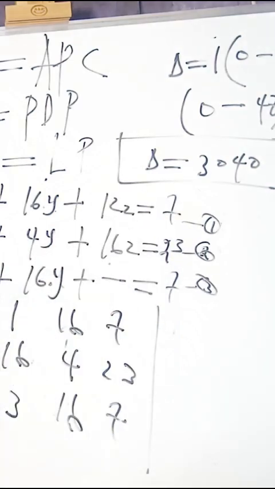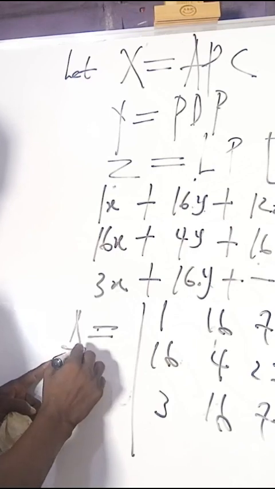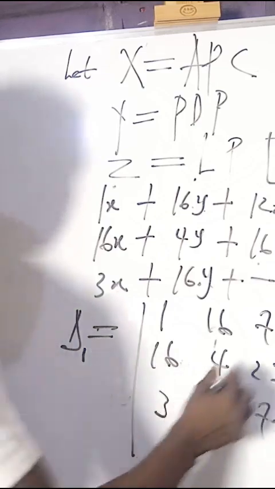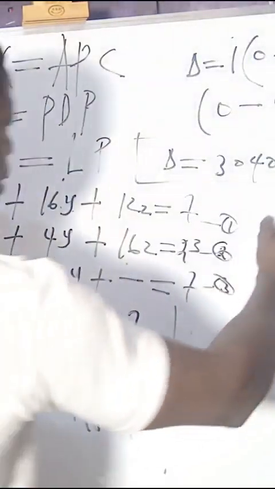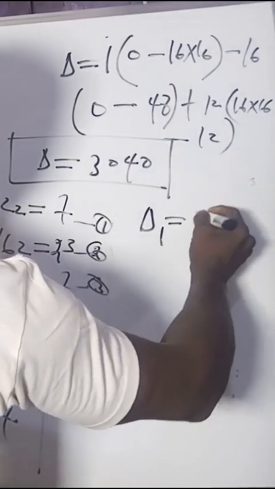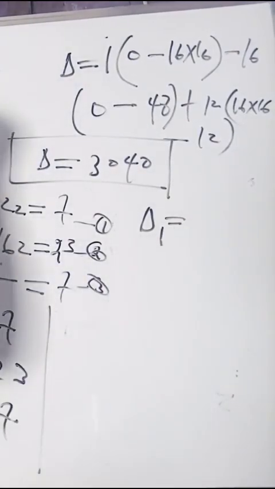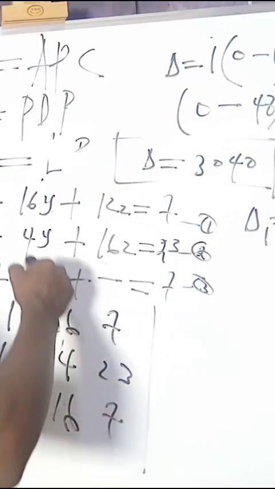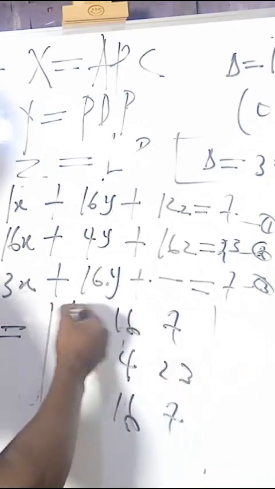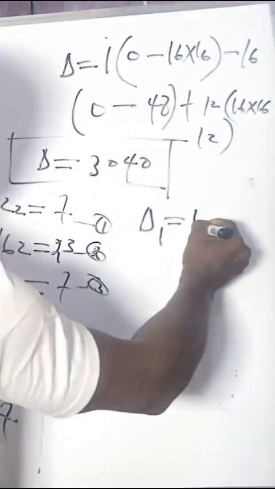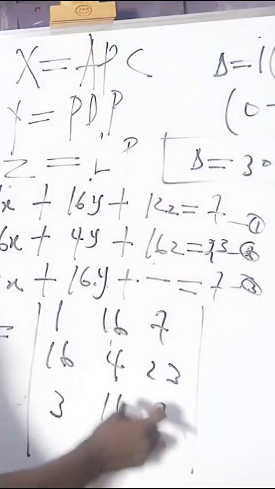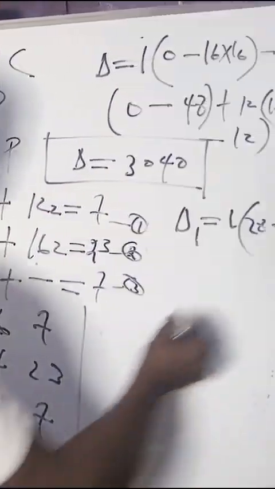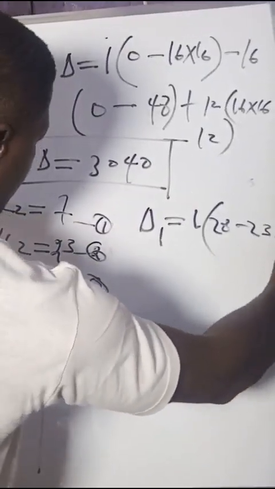So in this case, we shall be changing this from delta to delta 1. So when you do that, delta 1 becomes, just like we did in obtaining this, first row, first column, 1 into bracket 4 times 7 is 28, minus 23 times 16.